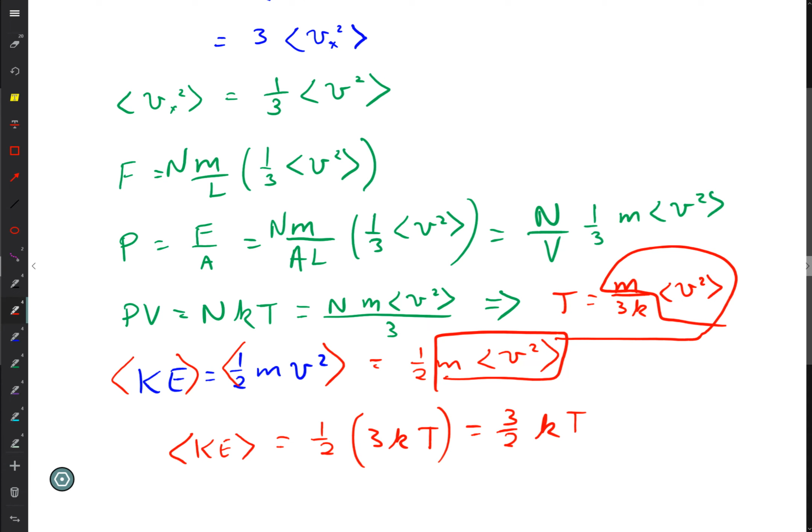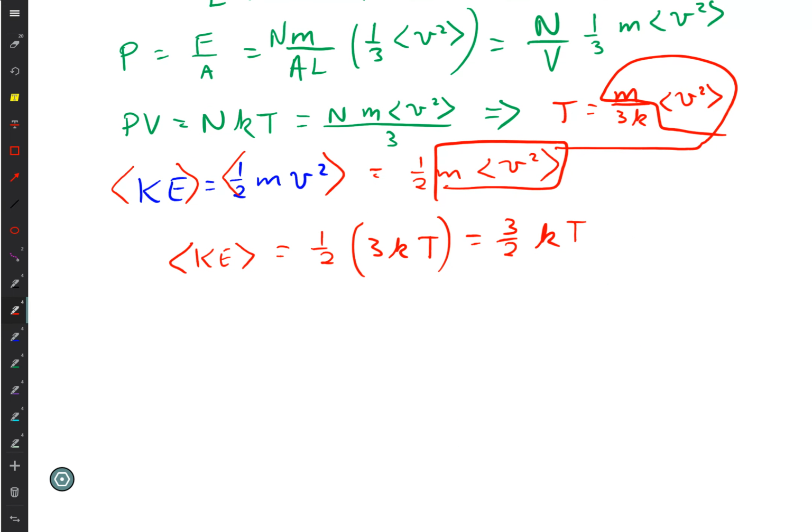So we have the average kinetic energy is 3/2 kT. This actually turns out to be a really important equation. This here is the kinetic energy related to temperature. It's not the total energy, it's the kinetic energy. If I have a monatomic ideal gas, well, actually, I should be even more clear.